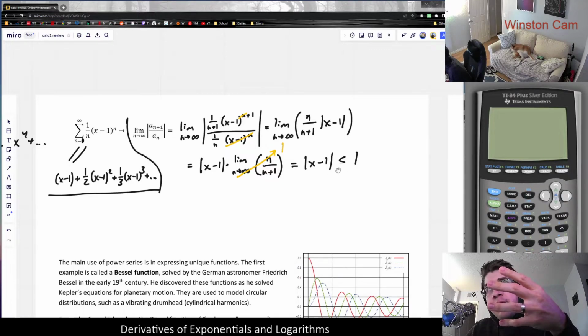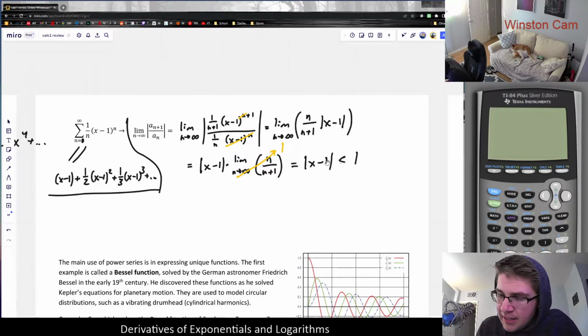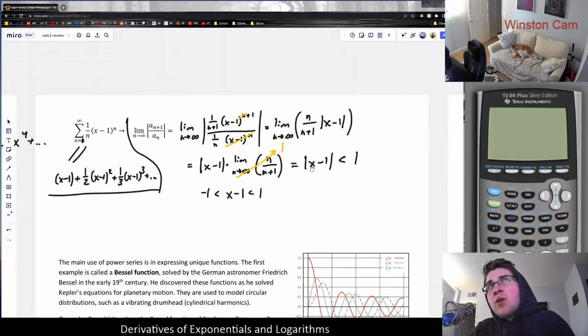But if you have an absolute value within an inequality, the way I like to do it is what I refer to as an inequality sandwich. Basically, the solutions will be boxed in between -1 and 1. It's a rule for an absolute value inequality less than 1. So let me just write this.